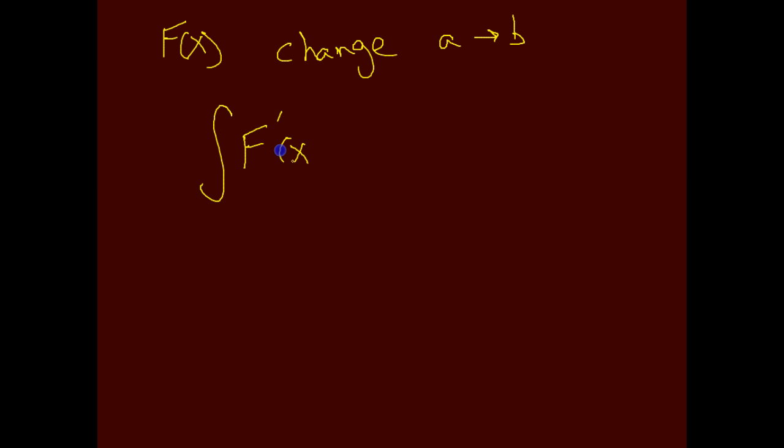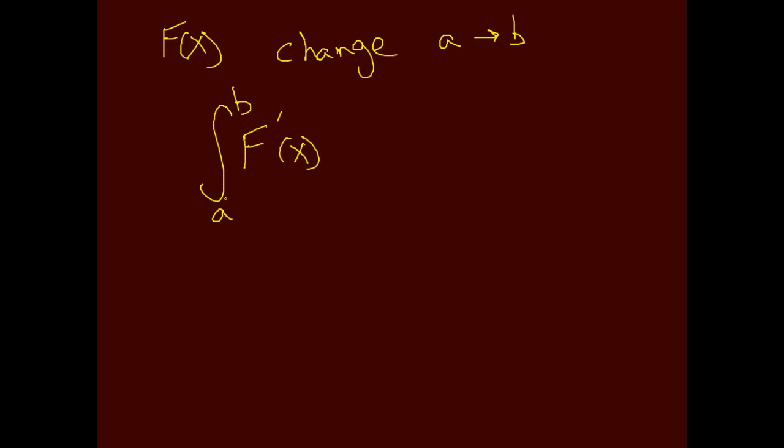So if we have some function, let's just call it f, some function f of x, we can find the net change in f of x from a to b by taking the integral of f prime of x from a to b, because that's what we were doing in the previous problems, in that the change in position was going to be the integral of the velocity function from a to b.